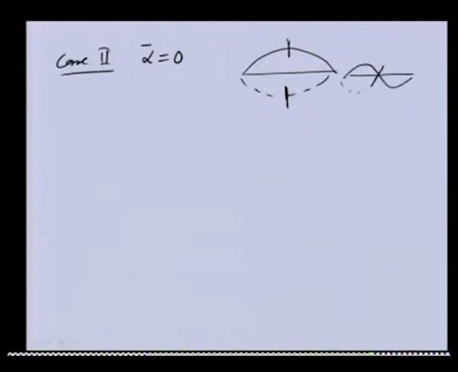So, the other extreme will be this one, in which it will be tilting about the opposite direction. So, in this particular case, the disk will be tilting, but there is no translatory motion. In the other case, there is a translatory motion, but there is no tilt. So, that is the particular special case.